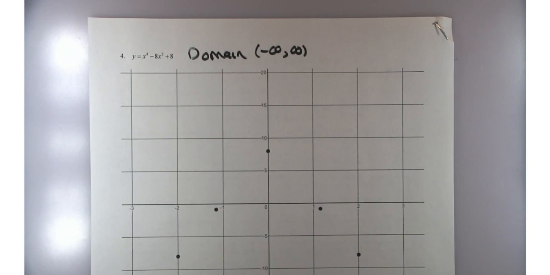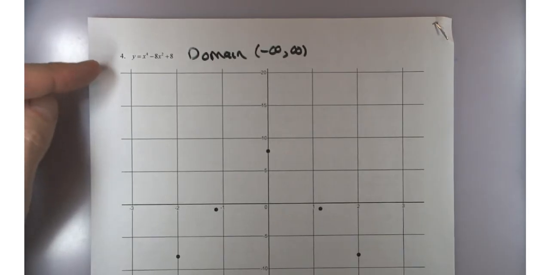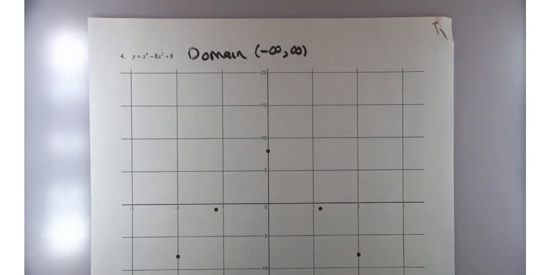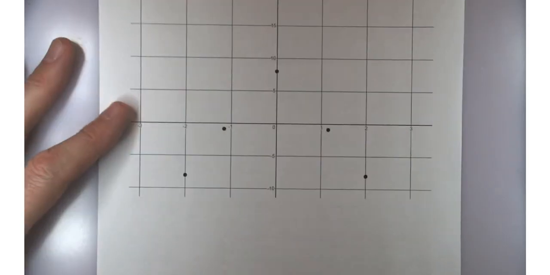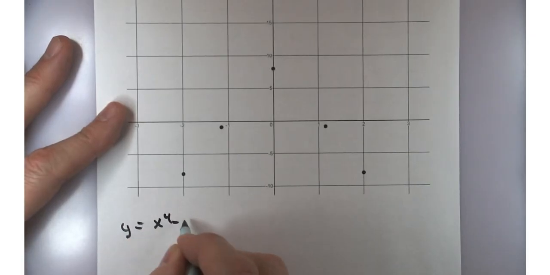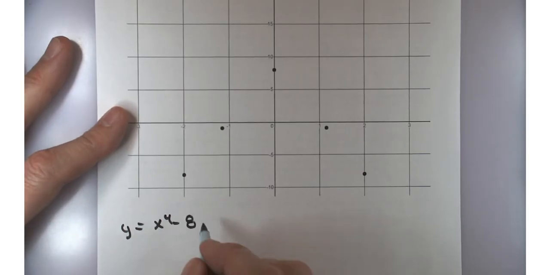Then let's see what else to think about. Nothing's going to jump out in terms of horizontal or vertical asymptotes because it's not a rational function. So let's see if we can find some critical points. y equals x to the fourth minus 8x squared plus 8.